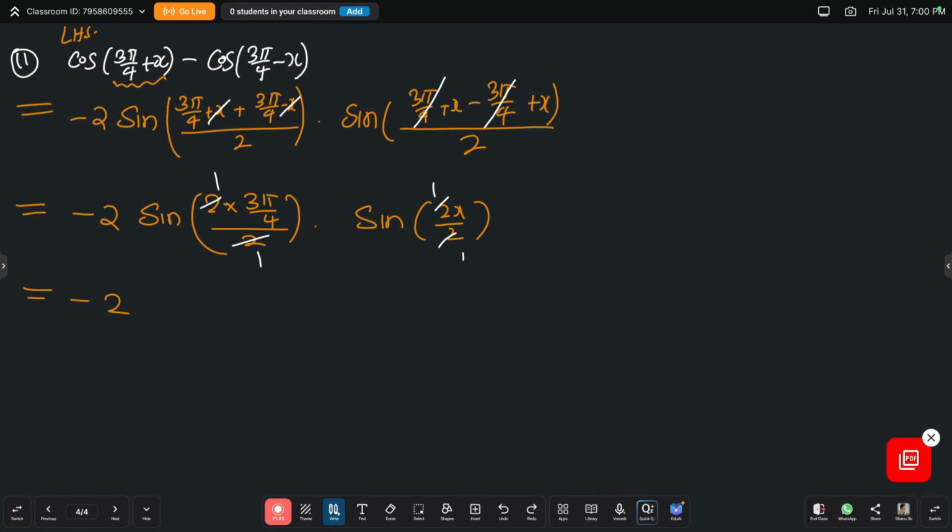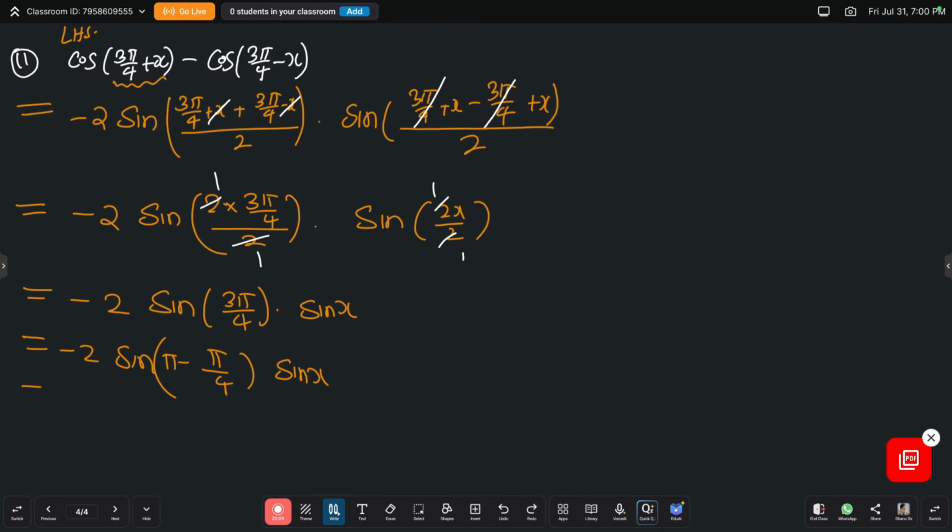Minus 2 sin 3 pi by 4 into sin x. We already know how to calculate 3 pi by 4, as in Exercise 3.2. You know pi by 4. Now read the table of 4 so that you can break this: 4 ones are 4, so 4 pi minus 1 pi, that is 3 pi by 4, into sin x.